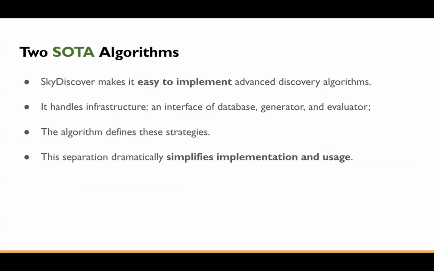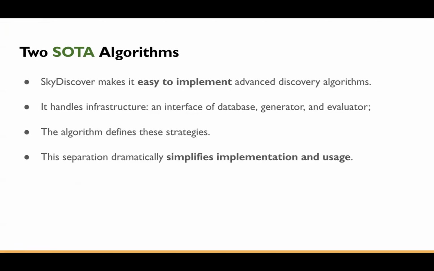Hello. On top of the SkyDiscover framework that Shu talked about, we implemented two algorithms to show that the previously supported algorithms like OpenEvolve, GEPA, and Shinka, albeit being really good, can be dramatically improved if we separate different components cleanly in the SkyDiscover way.